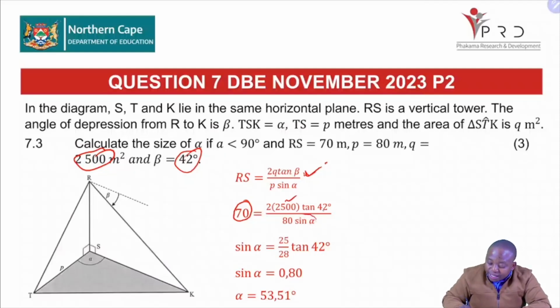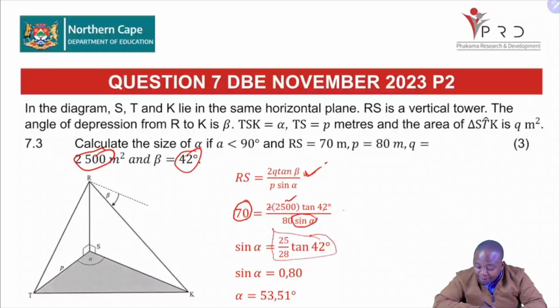We are going to make sine alpha the subject of the formula. So we can multiply by sine alpha over 1, then we get 25 over 28 multiplied by tan 42. Then we can punch it in a calculator, and we get sine alpha, it is now 0.80.